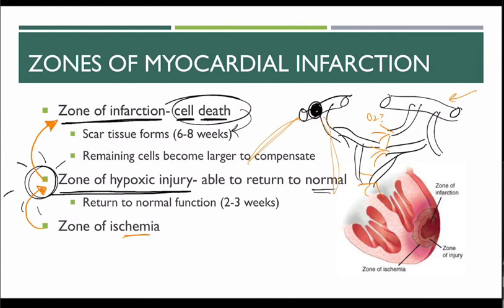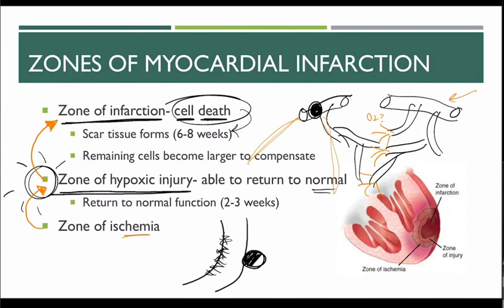It is this phenomenon where the zone of hypoxic injury can become infarcted. Somebody might start with a subendocardial MI, where their blood vessel is only partially occluded and they only have cell death in the subendocardial region and the rest of the ventricles in hypoxic injury.